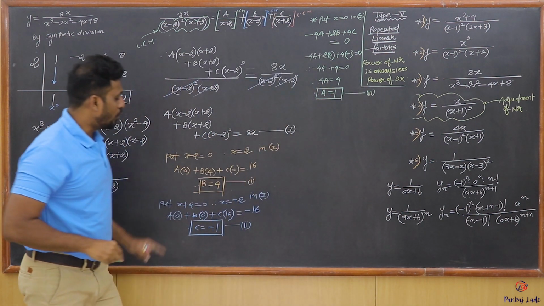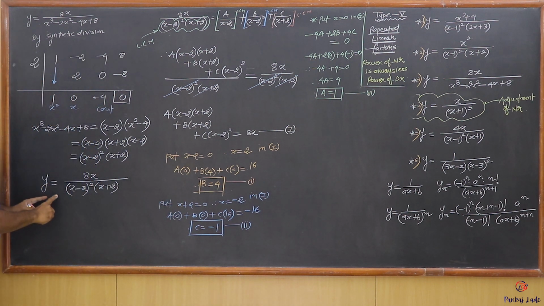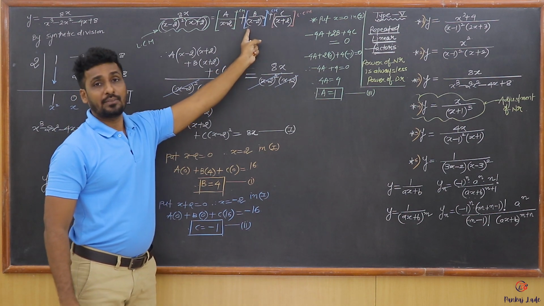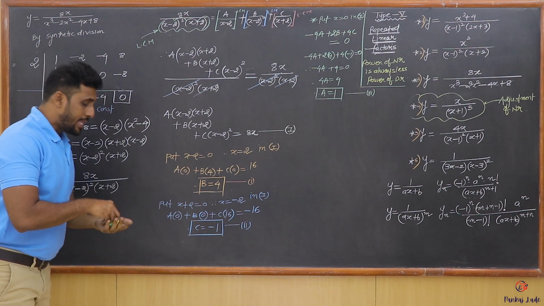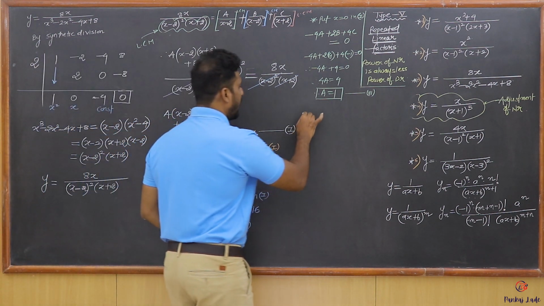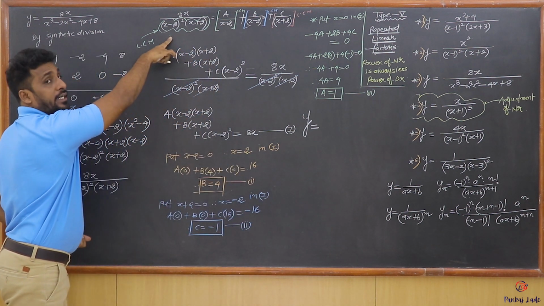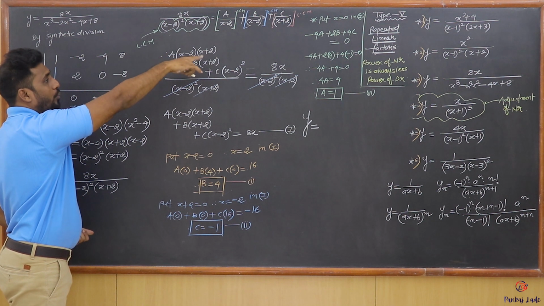So students, I've got the values of a, b and c, isn't it? Now I can go back to y is equal to 8x upon x minus 2 the whole square into x plus 2. This term is a upon x minus 2 plus b upon x minus 2 square plus c upon x plus 2. You know the values of a, b and c. That means I can now say y becomes equal to 8x upon x minus 2 square into x plus 2, which you have written as a upon, b upon and c upon.